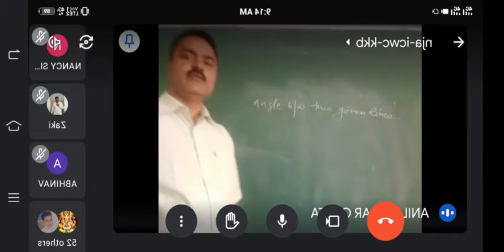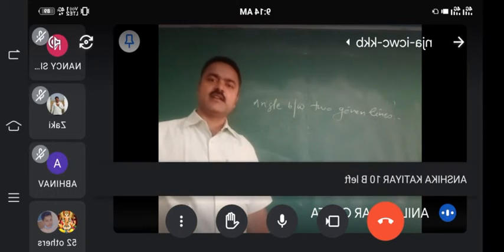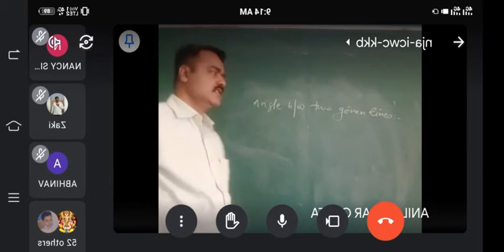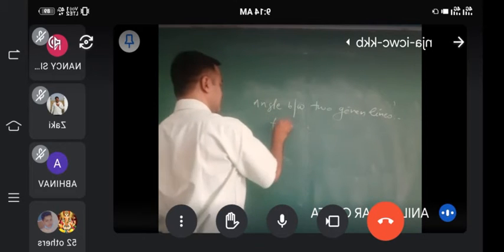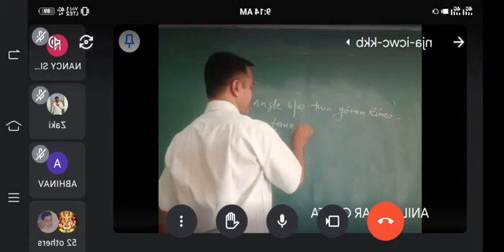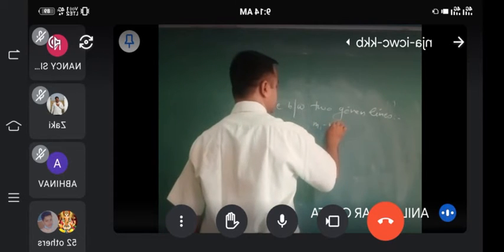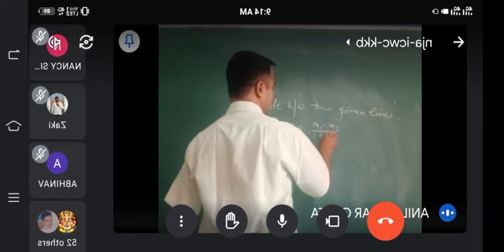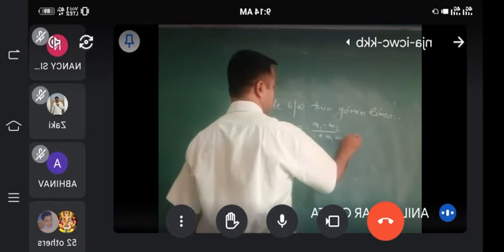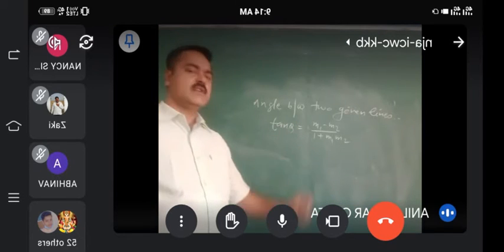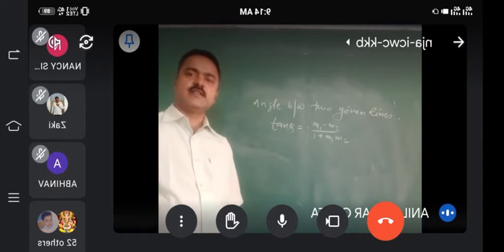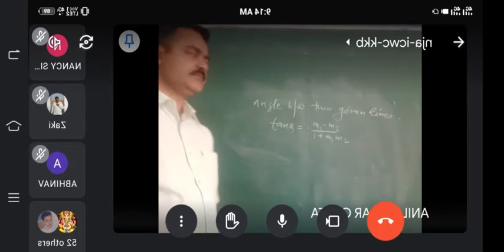If there are two lines given, then how can you find the angle between the given lines? So tan theta equals M1 minus M2 upon 1 plus M1 M2. From this formula you can find the angle between the given lines.